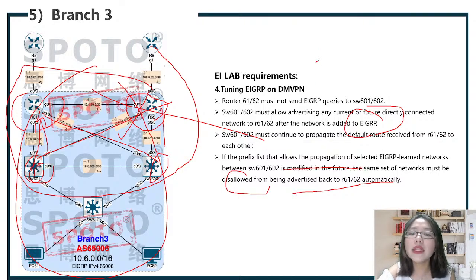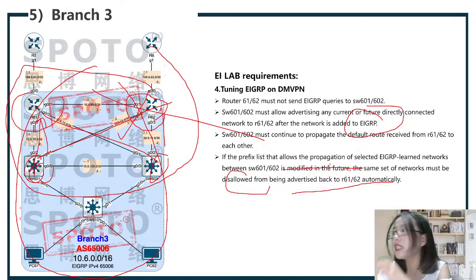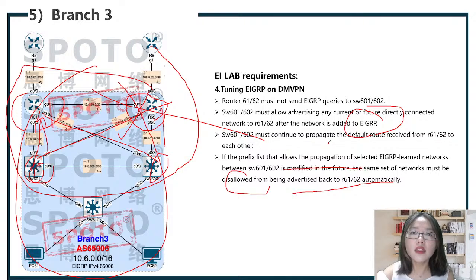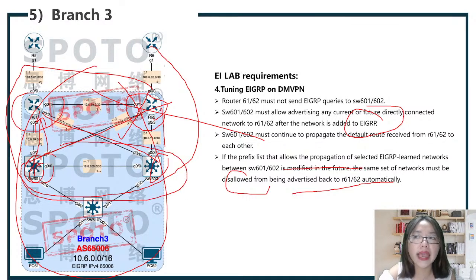Okay, we need to combine other technology. Okay, so this part, notice that switch 601 and 602 propagate the default route received from router 61 and 62 to each other, and take care not to pass it back to router 61 and 62.